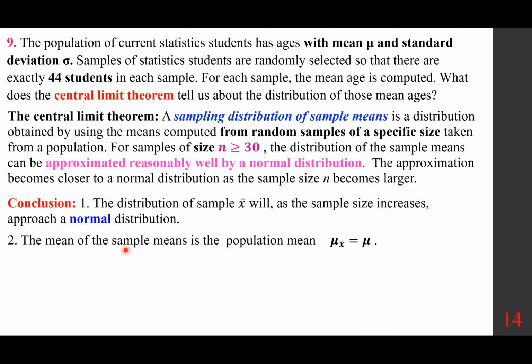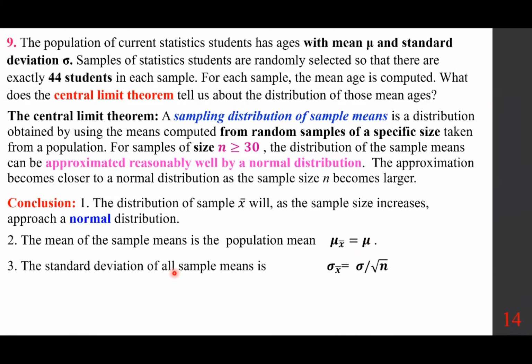The mean of the sample means is the population mean. In other words, mu of X bar equals mu. We just looked at that. The standard deviation of all sample means, sigma of X bar, is sigma over square root of n.